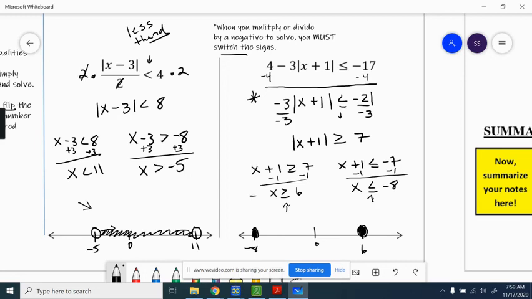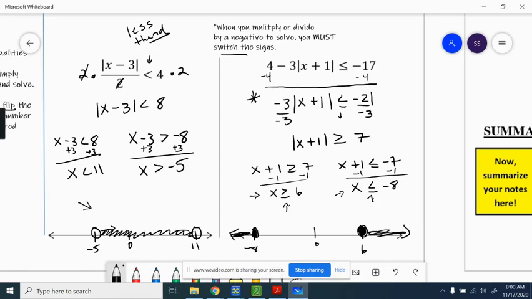So for this one here, we have x is greater than or equal to 6, or the mouth is eating the x. That means it is greater than 6, so it's going to be going this way. And for this one over here, we have x is less than or equal to -8. And so the mouth is eating the number. That must mean that x is smaller than. So this one is going this way.